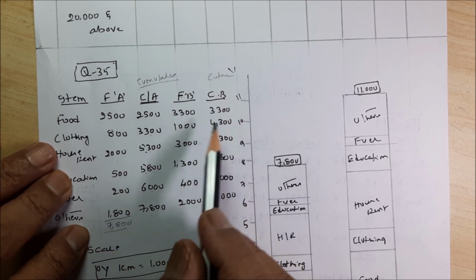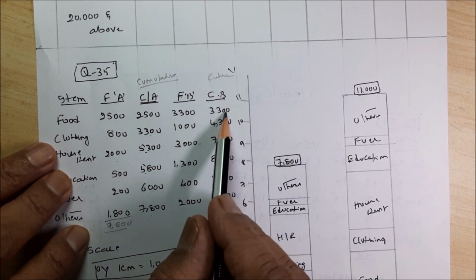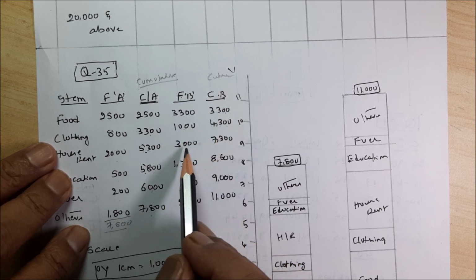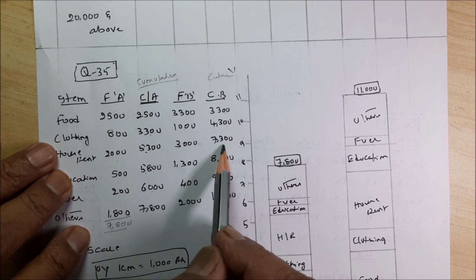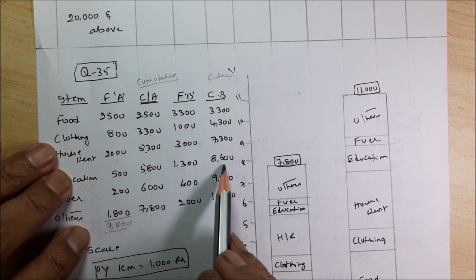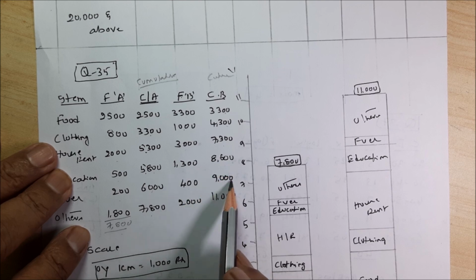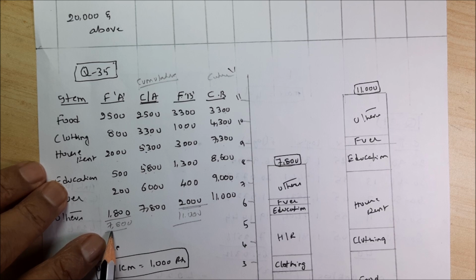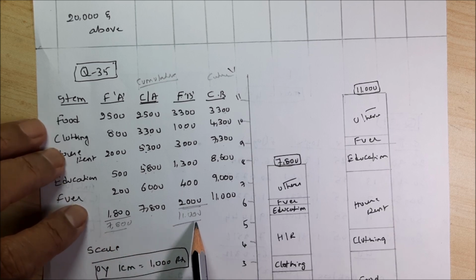In the similar fashion for B: 3300, 3300 plus 1000, 4300, 4300 plus 3000 is 7300, 7300 plus 1300, 8600 plus 400 is 9000, plus 2000 is 11000. You have to draw two bars, one of 7800, the other of 11000.